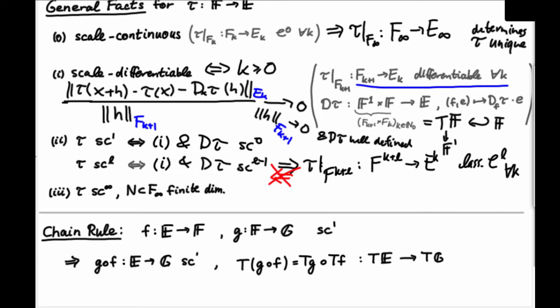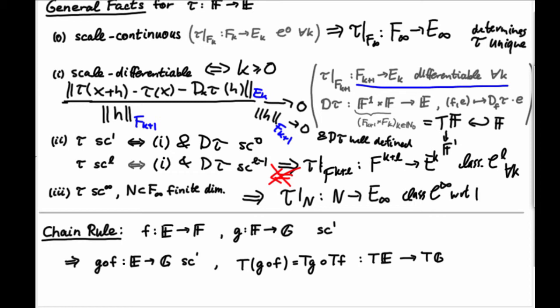But again, now that we have that fact, we can go through the same argument and restrict ourselves to a finite dimensional subspace and see that on finite dimensional subspaces, I directly map to E_infinity, and that will be classically smooth, no matter which topology I put on E_infinity. So I can take any norm here.